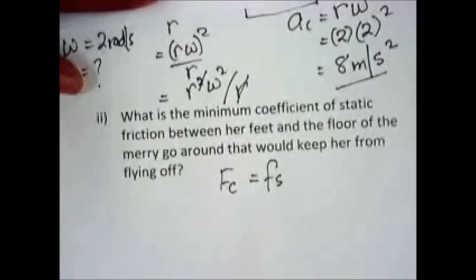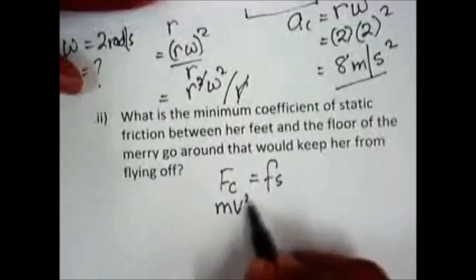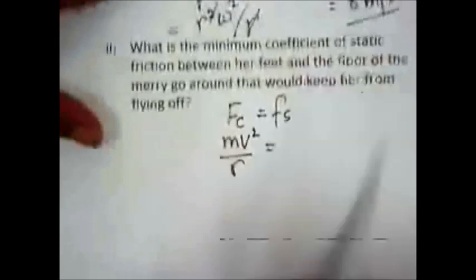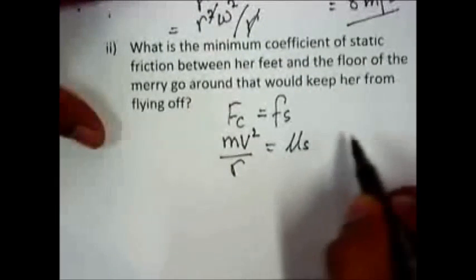How do you find the centripetal force? You know it is equal to mv squared over r. And how do you find your Fs? Since she is on a flat surface, you can just use mu s multiplied by normal force.